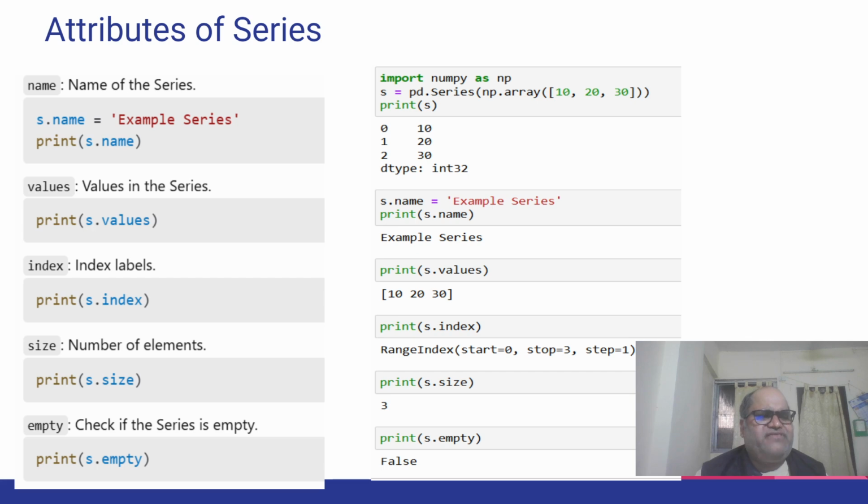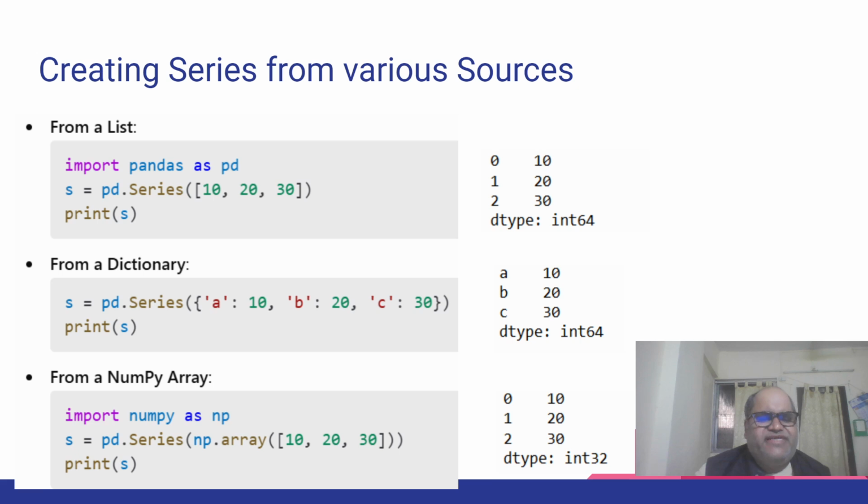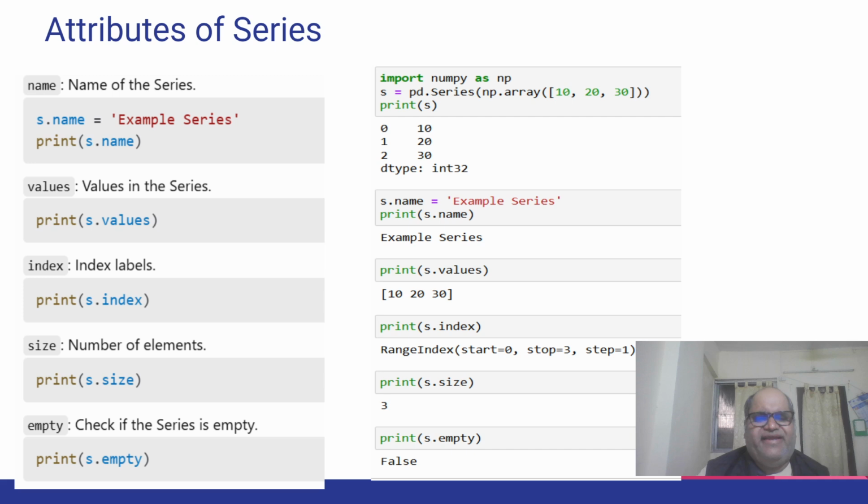So the very first attribute is name. You can give a name to this series. In the previous series where we created several examples, the name of the variable was s, and we initialized it through a list, through a dictionary, and through a numpy array.